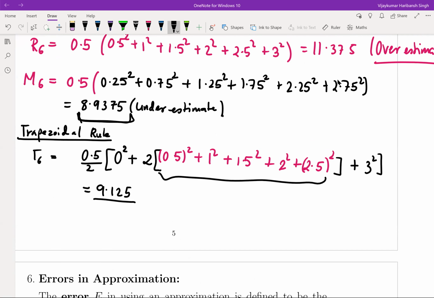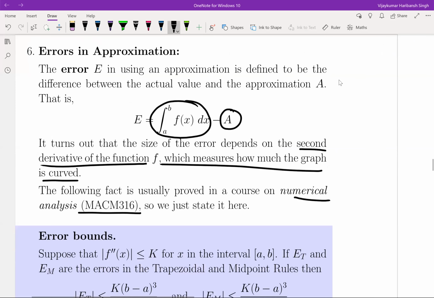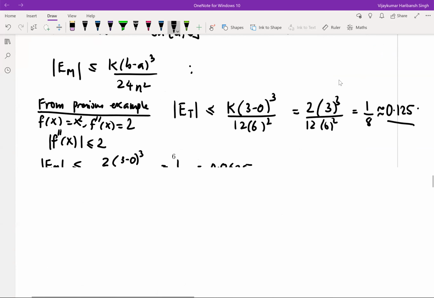From 9, what is 9 minus 0.89375? That turned out to be 0.0625, which is exactly what you got here, right?